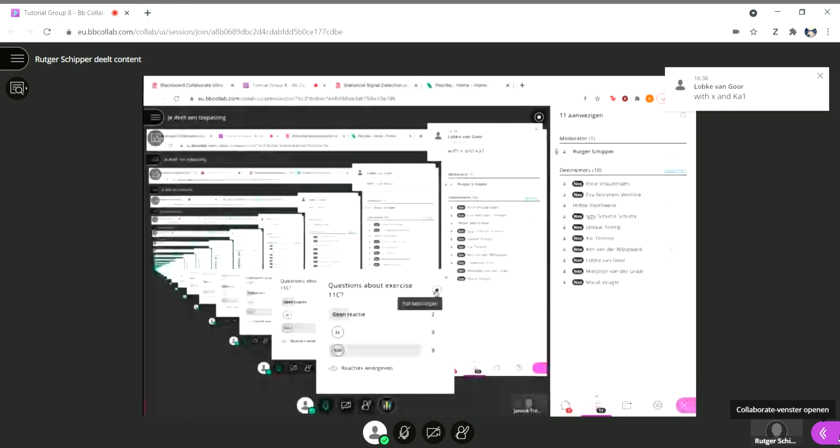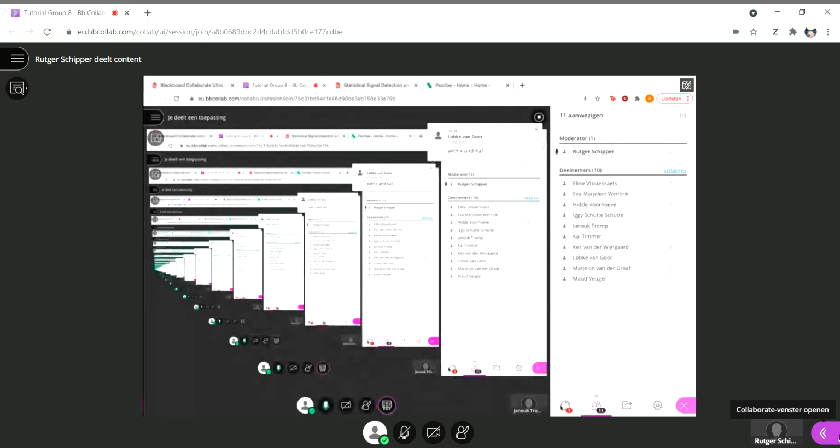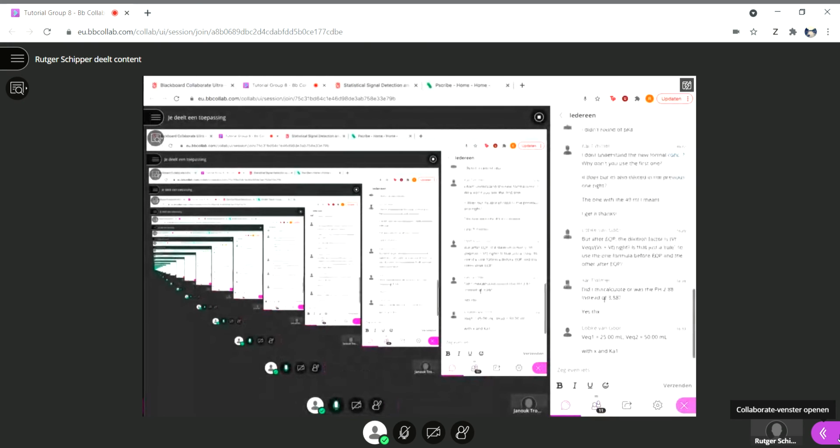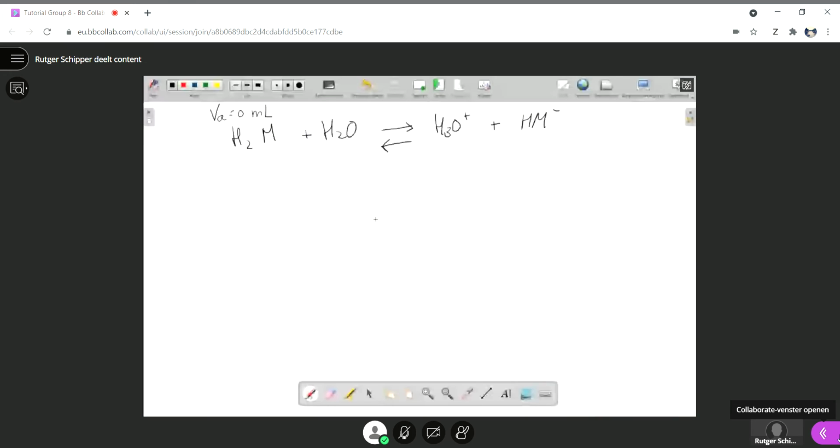With x and Ka1. Do you agree with Lopke? Well, Lopke, no one's responding. Maybe I'm going too fast, I'm not sure. But yes, in fact, you are right with the Ka1. So it's very simple, actually. It's the same as the previous question. So this does not differ from the last exercise. So it's basically x, and the Ka1, which is given in the exercise, is equal to x squared divided by the formal concentration minus x.